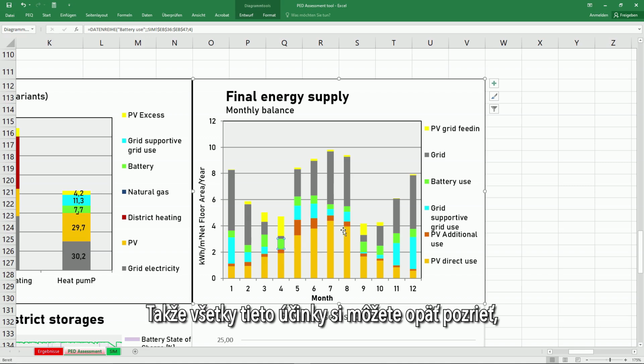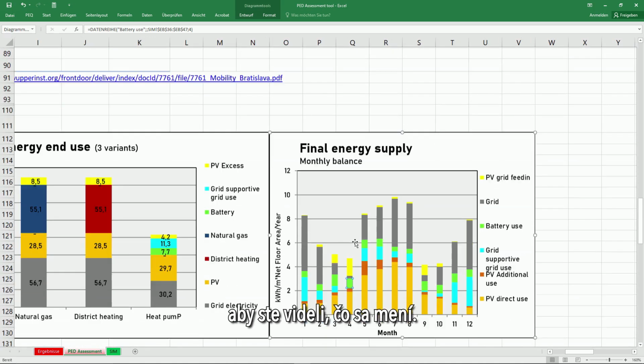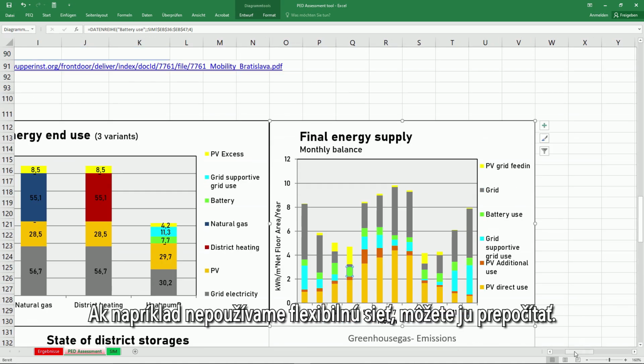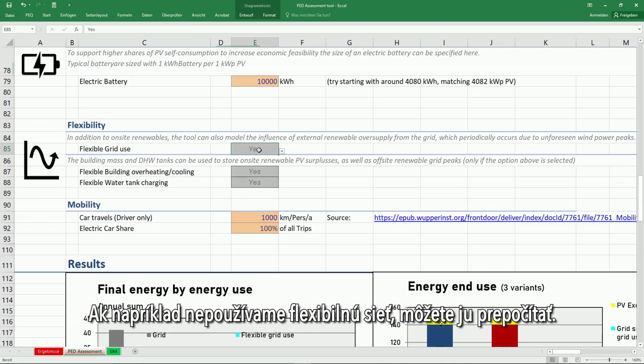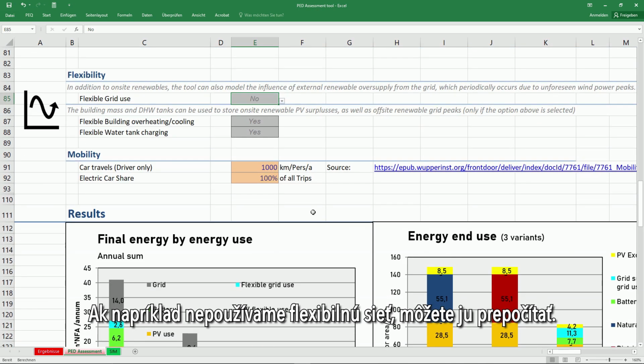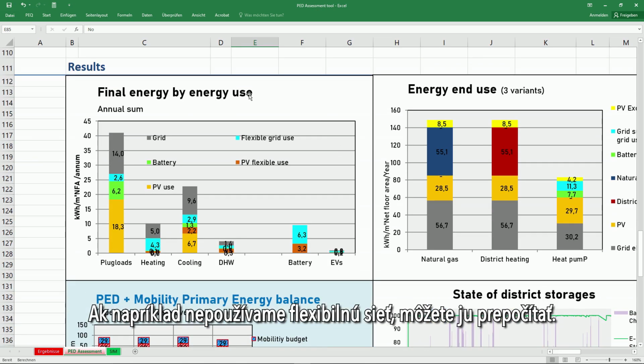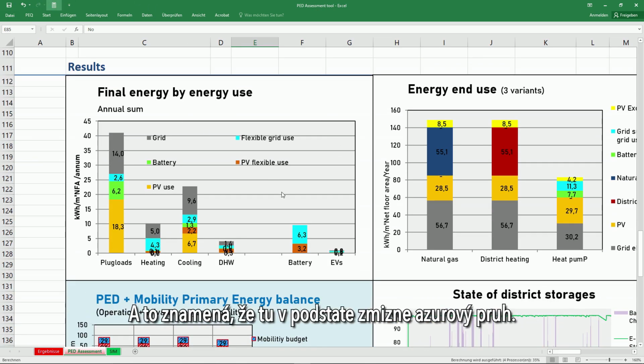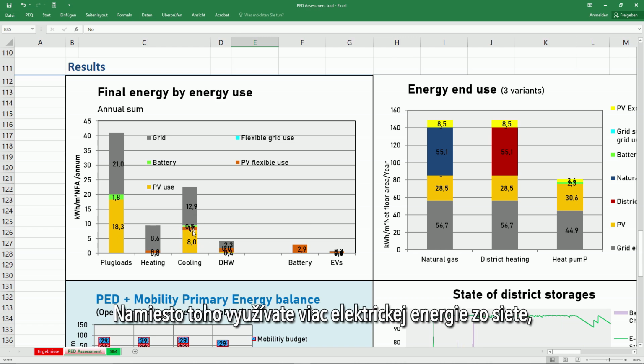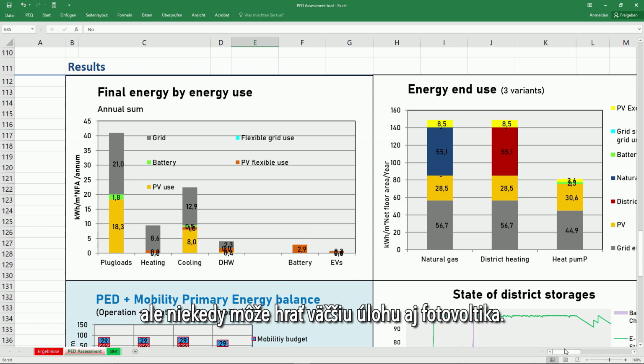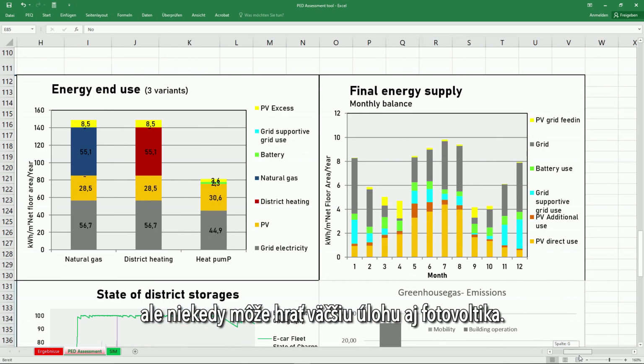So all of these effects, again, you can have a look at what changes, for example, if we don't use flexible grid use, you can recalculate, and this means that basically the cyan bar here will vanish, and instead you use more grid electricity mostly, but sometimes also photovoltaic can play a larger role then.